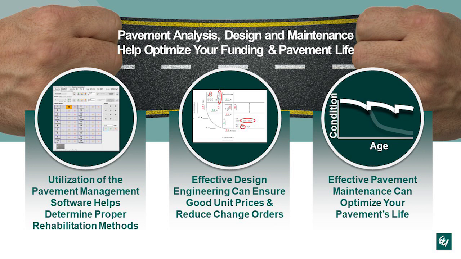It can give you good unit prices, the timing of when you bid the project, making sure all your items are there. It'll prevent overages in the field. You'll be able to budget well with a good design. And then obviously the pavement maintenance can optimize the life of your pavement, and it could intercept that deterioration curve and extend the life of your pavement.